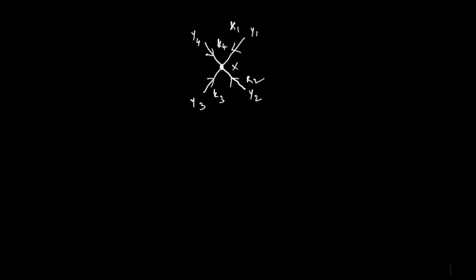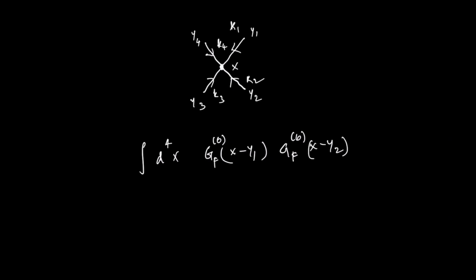So at each vertex we have an integration d⁴x. Here G_F⁰(x - y1), then G_F⁰(x - y2), G_F⁰(x - y3), and there is one more leg, G_F⁰(x - y4), right?